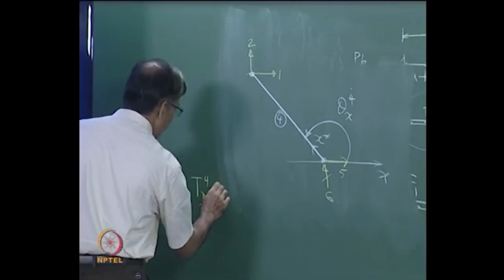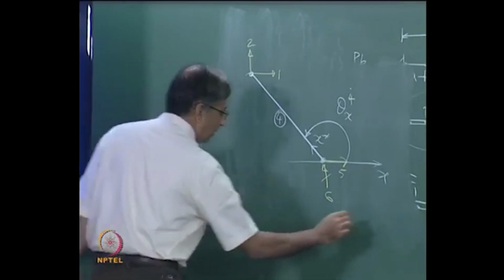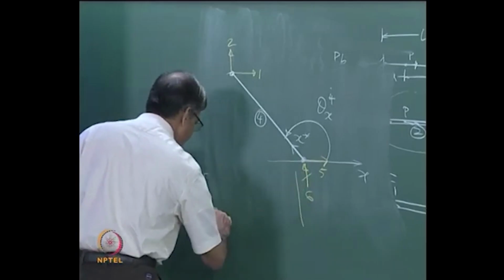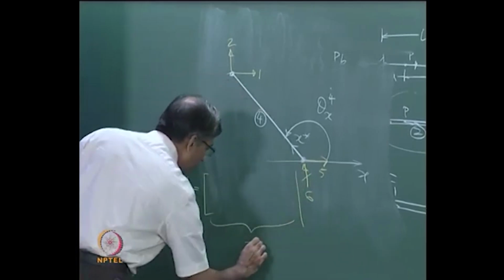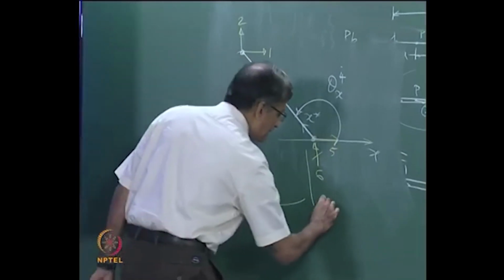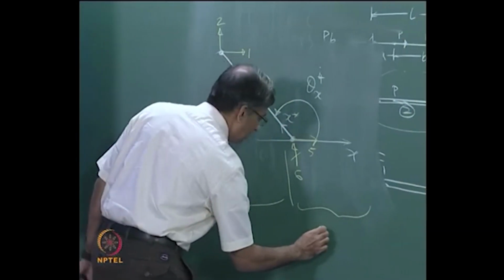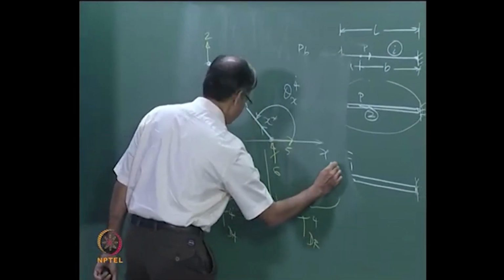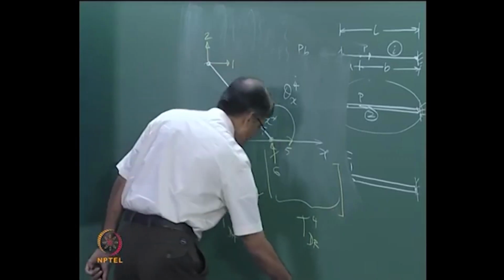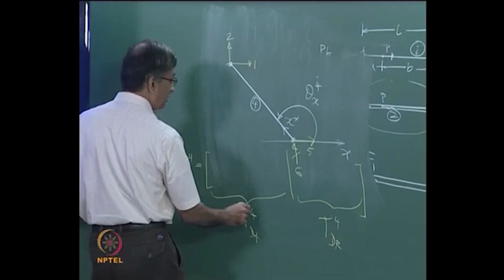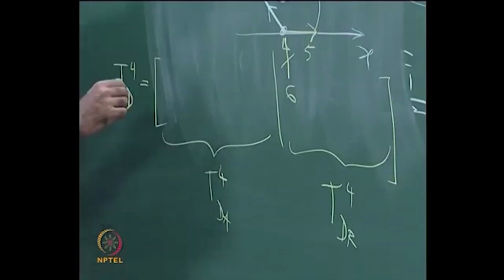So if I had to write TD for element 4, I have to fill up a vector like this, of which the first 5 will correspond to T4dA and the next will correspond to T4dR. Got it? Now this has got 5 parts, am I right?